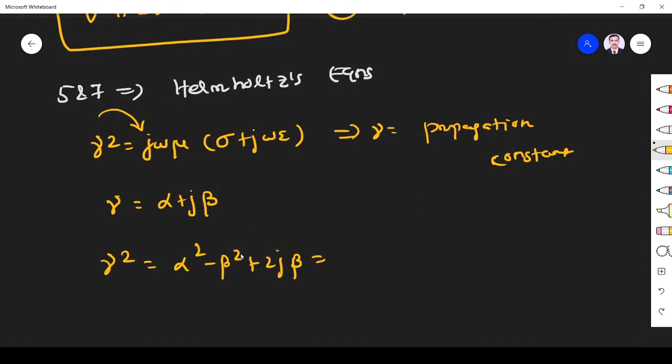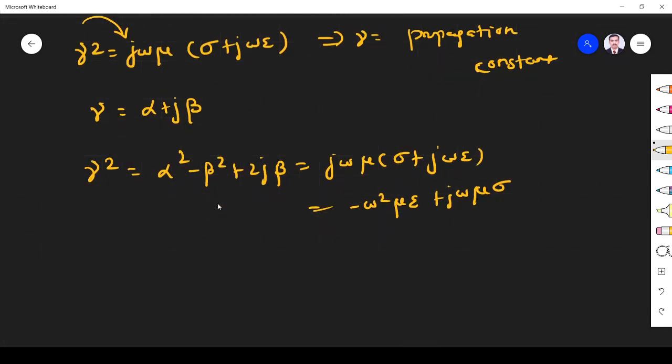I equate that to j omega mu sigma plus j omega epsilon. I multiply this by j, and j times j is minus 1. So it is minus omega squared mu epsilon plus j omega mu sigma.